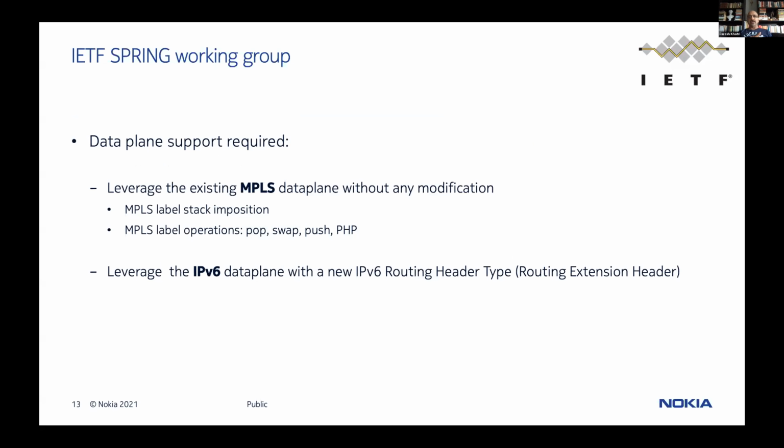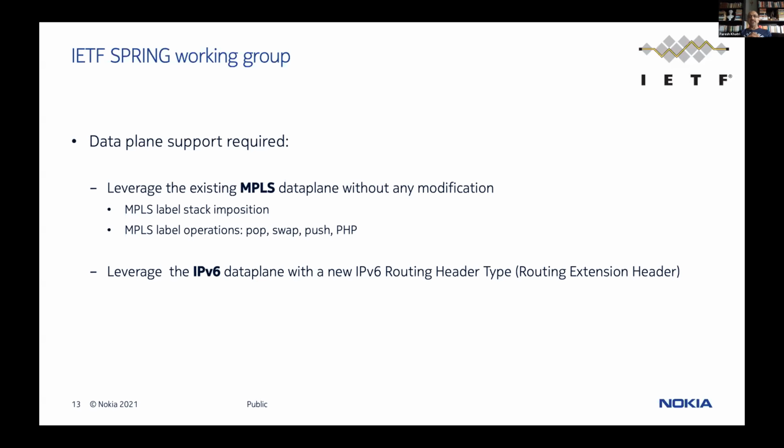Now, as part of this tutorial, I will focus just on MPLS, but the concepts are very similar. In MPLS, we talk about a stack of labels. In IPv6, we talk about a list of IPv6 addresses that perform analogous functions. So when I have my MPLS examples, you could pretty well substitute IPv6 in there.